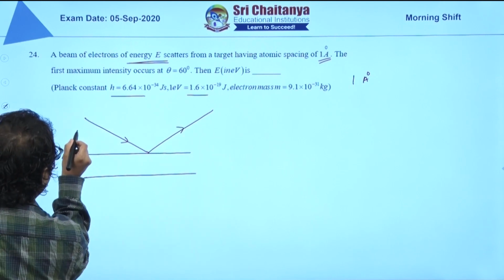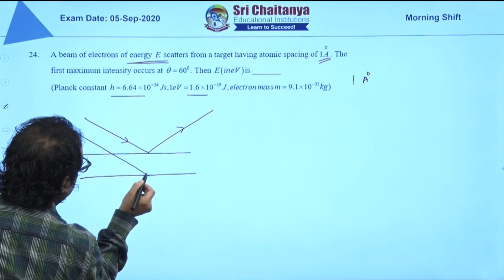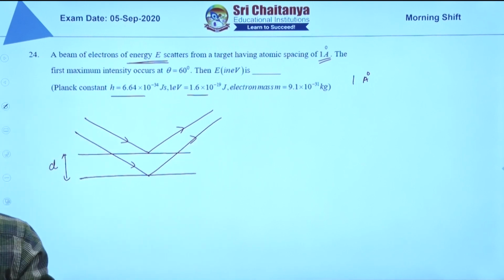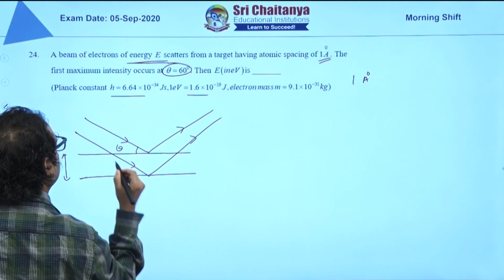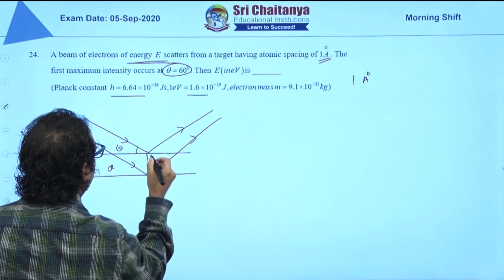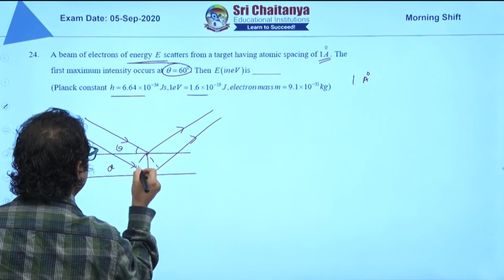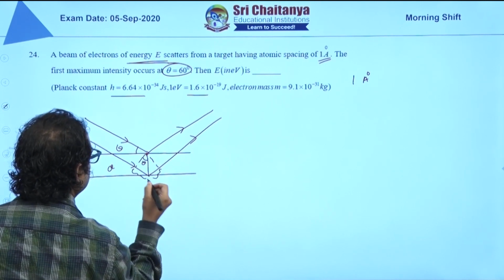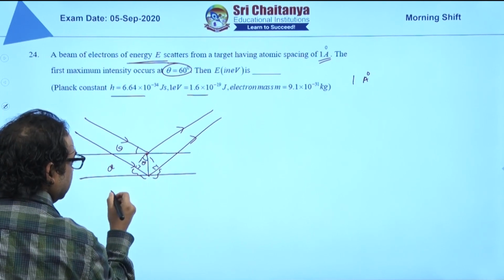Just consider it to be a wave. This theta is definitely your glancing angle, and this one is given as d. So, what is the path difference? If this is your theta, then this plus this, that is 2d sin theta, is the path difference.